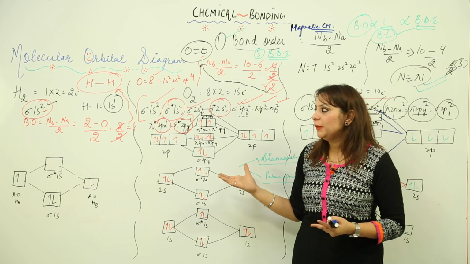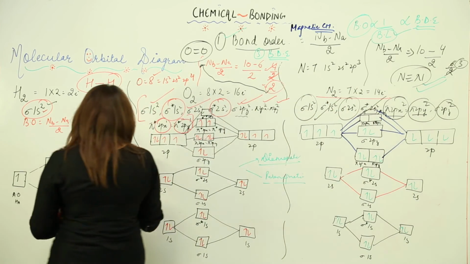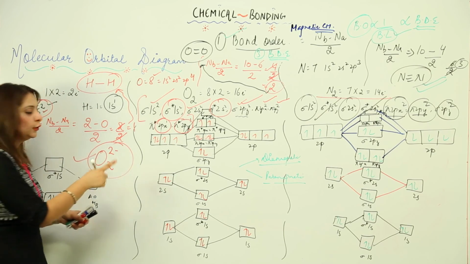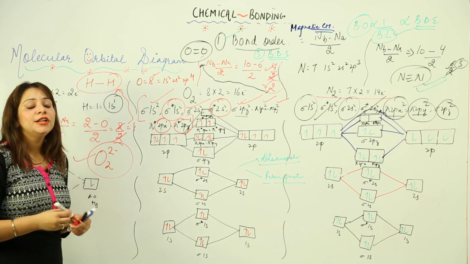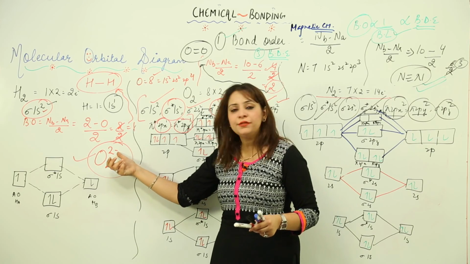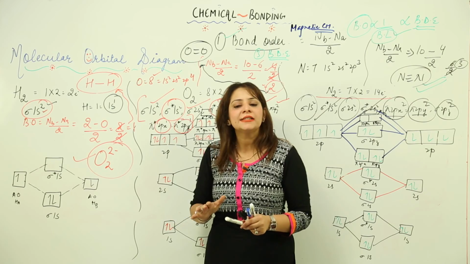So this is a very simple way, and if you get an ion, like if you get this kind of molecule to draw the energy level diagram, it's very simple and almost the same. What you need to do is adjust the total number of valence electrons: if the charge is positive you subtract, and if it is negative you add.